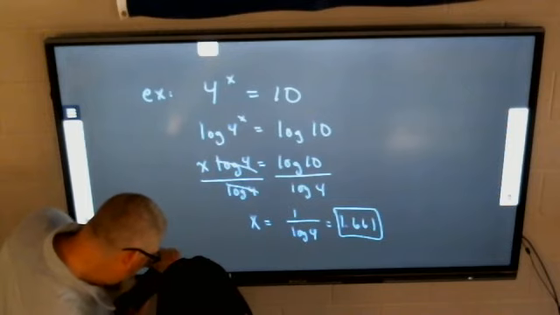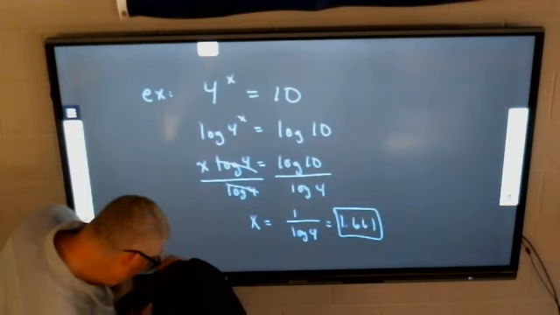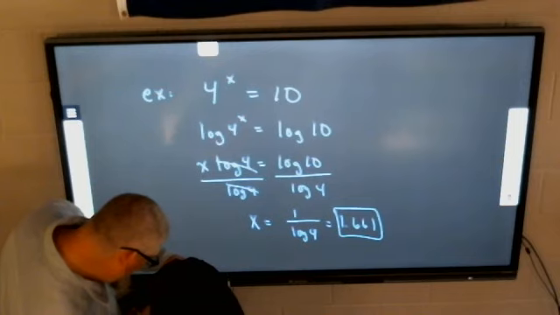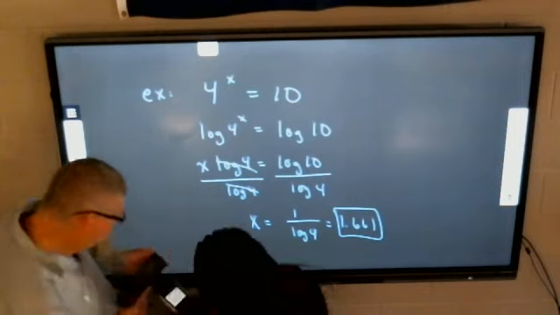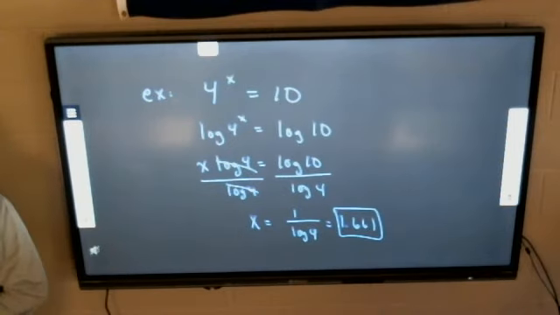Don't forget it's 1 divided by the log of 4, not times. Please don't ask me on a test, because when we come to a test, I can't help you. Good luck. So make sure you know how to do it on these calculators.